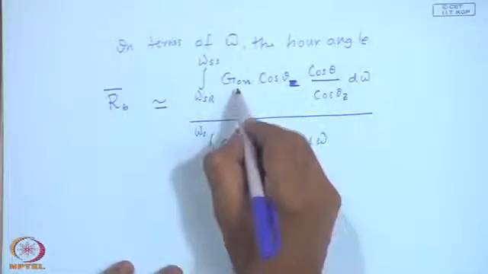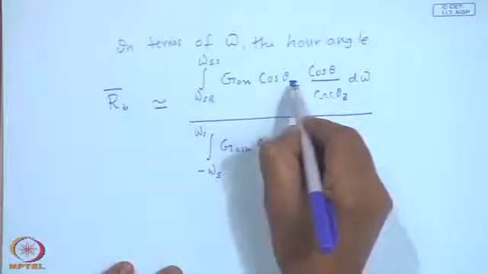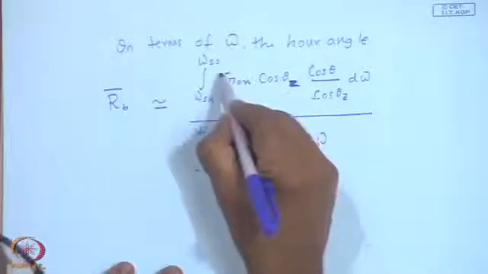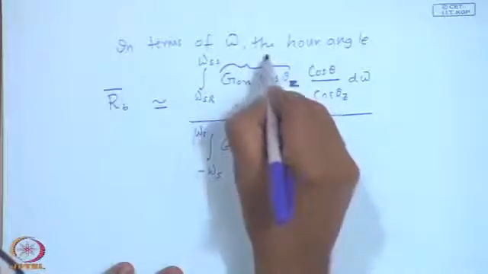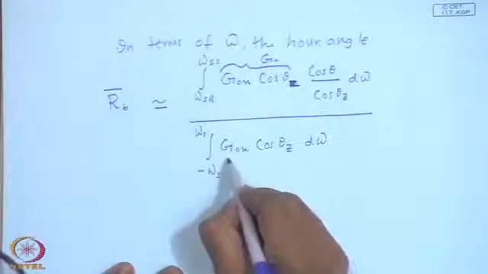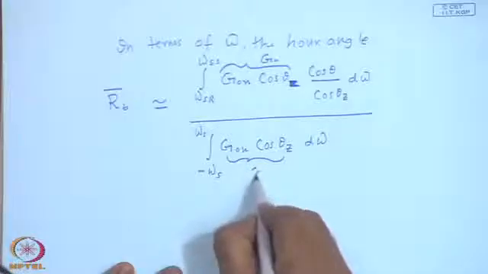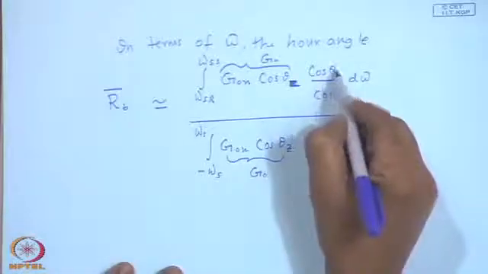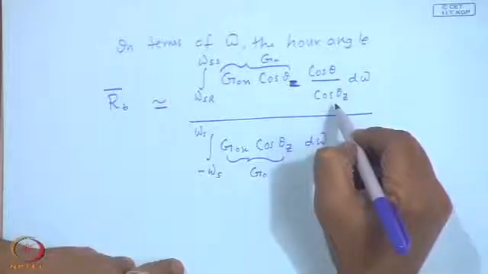So, this is the normal radiation multiplied by cos theta z, which is nothing but the same G 0 over here, and my R b is categorically cos theta upon cos theta z.